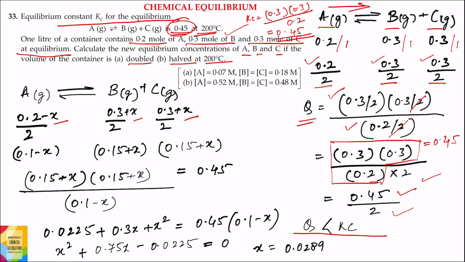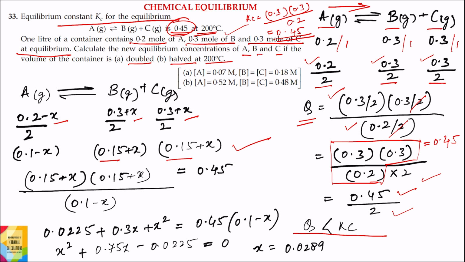So 0.2 divided by 2 is 0.1, 0.3 divided by 2 is 0.15 and 0.3 divided by 2 is equal to 0.15. So this is the new equilibrium concentration when the volume is doubled.